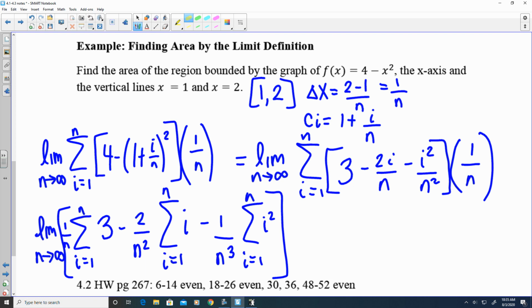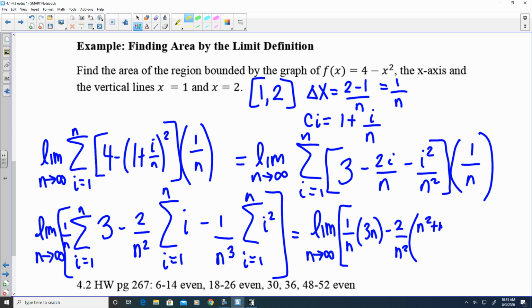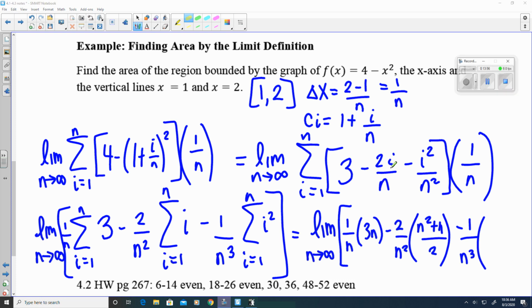And then I can do those substitutions. Hopefully they fit. 1 over n times 3n, minus 2 over n squared times n squared plus n over 2, and 1 over n cubed times 2n cubed plus 3n squared plus n all over 6.